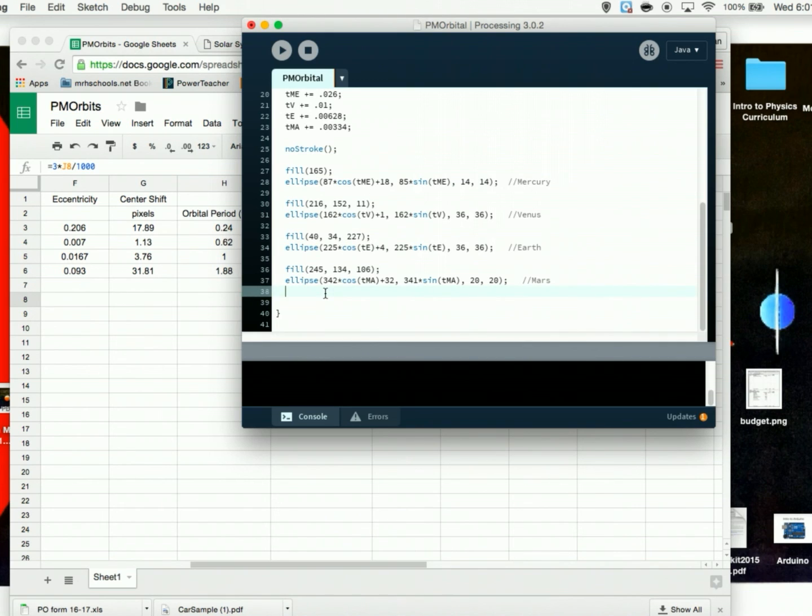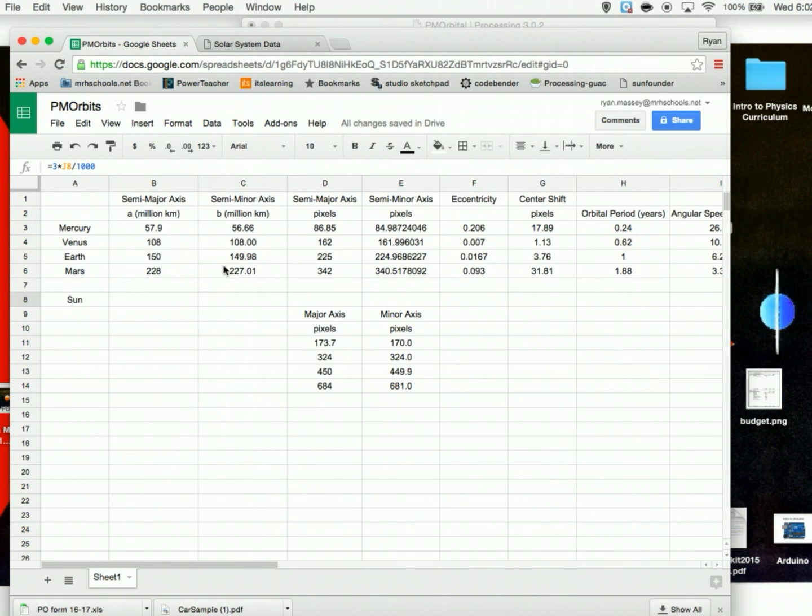So what we'll do is make it kind of yellowish, and we'll put it at the origin with a pixel size of 3. Pixel size of 3 scales it to the actual orbits, so that puts it on this scale over here.